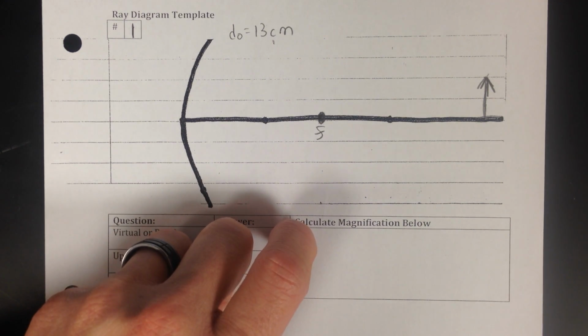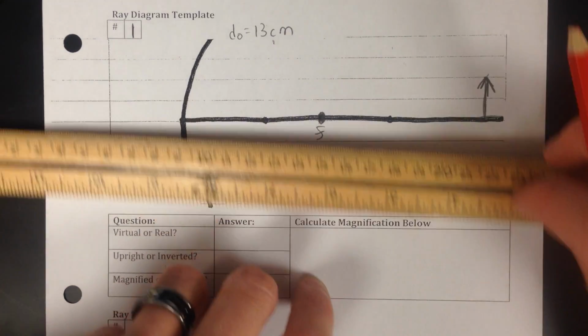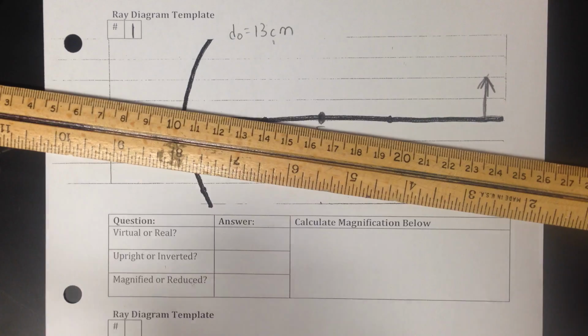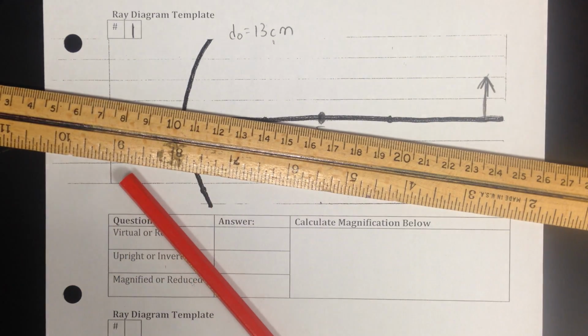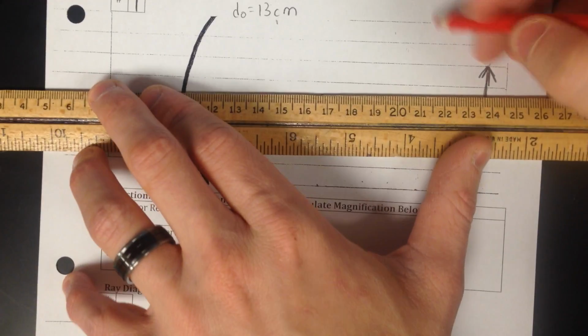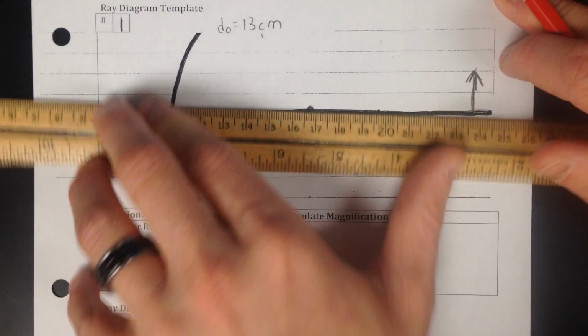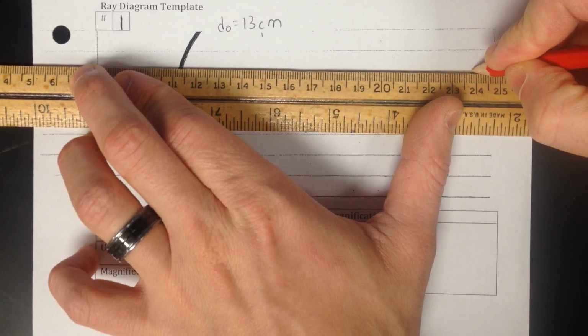To do this, we're going to draw 2 rays using our ruler. Okay, the first ray will be the red one. Our first ray will start out going horizontal from the top of our object.